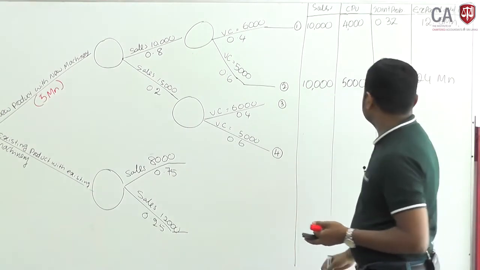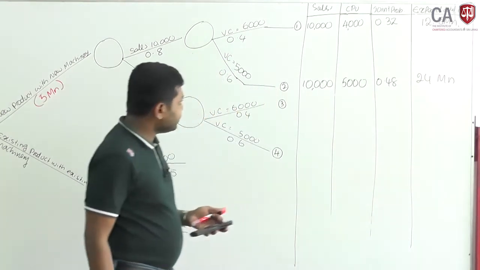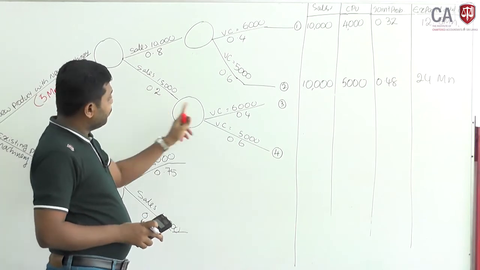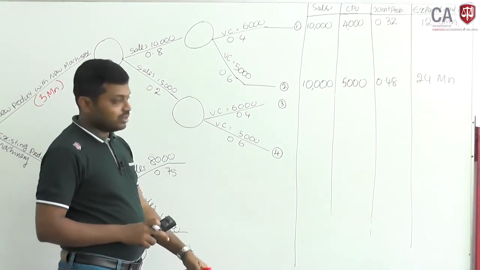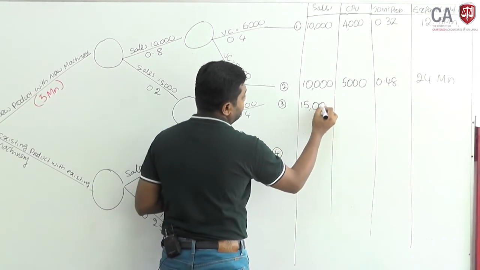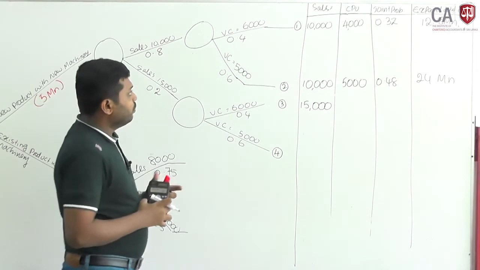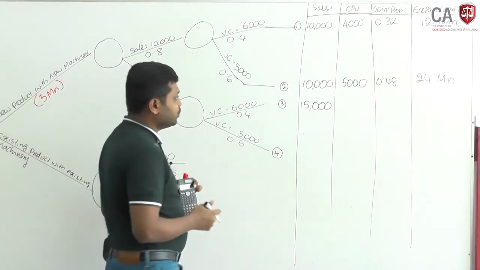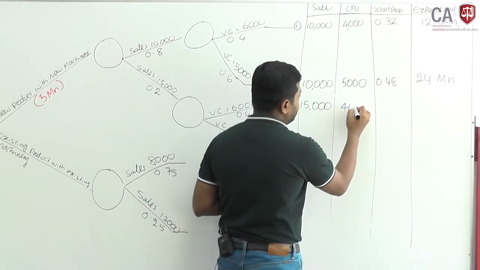Okay, then your sales can be 15,000 with variable cost 6,000. Variable cost 6,000 means what is the contribution? 4,000 per unit.